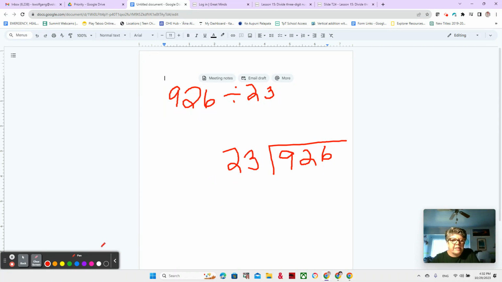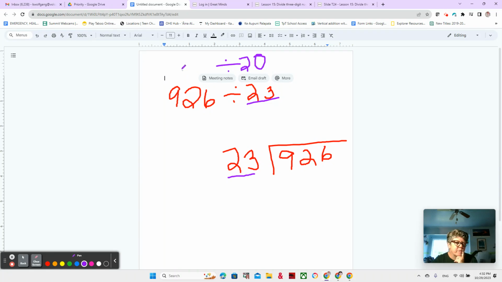So how could you estimate this one so that we're going to break in, right? This is where a lot of people get stuck. Where do I start with a division problem? So we're going to start with our divisor, right? What could we round 23 to? I'm thinking about 20, right? And if 23 is 20, then what could 926 be?